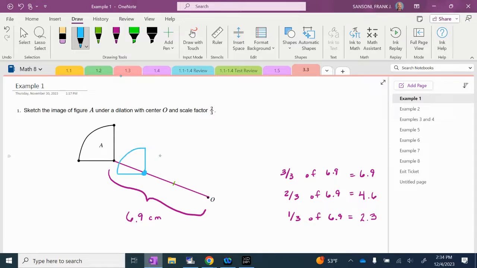And then that is called, since the original is A, the image is called what? A prime, right? And it looks like that. Should be a little bit smaller and should be closer to your starting point, center O, because the dilation was less than 1. So then we go to number 2.